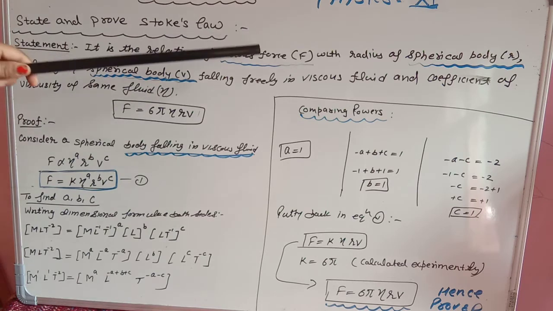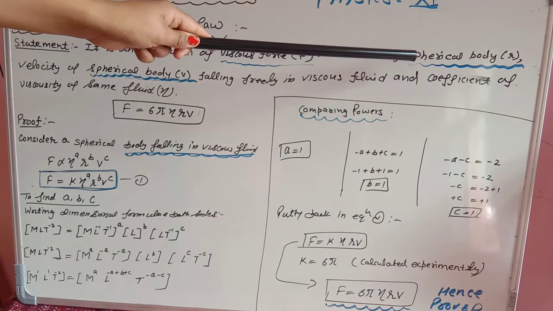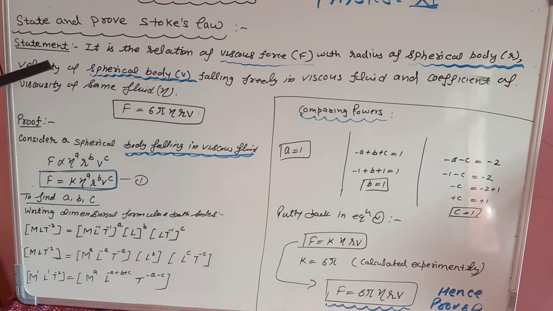Means we are relating viscous force F with the radius R, the velocity, and eta, the coefficient of viscosity. Three things we are relating with the viscous force. So mathematically you can write that F is equal to 6 pi eta R V.